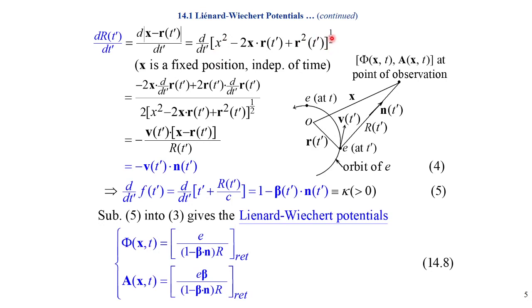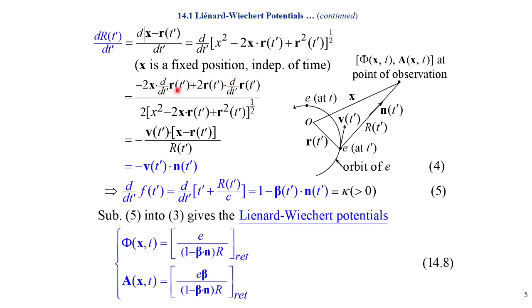And the square root of this one takes the derivative with respect to t prime, and then move 1 over 2 to here, and we have minus 2x dt prime r plus 2r dt prime r t prime.